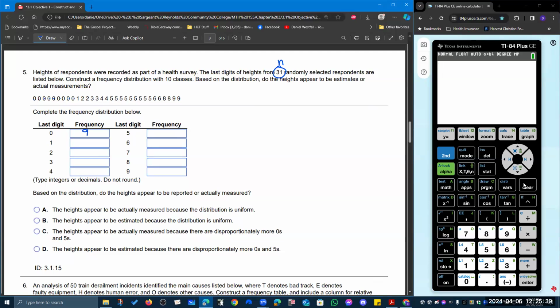And then we have 1 with a 1, 2, and then 3. 2 more, and then 2, 3, 4, 5, 6, 7, 8, 9. 2, 0, 2, and 2.